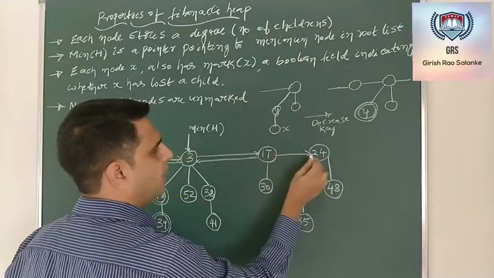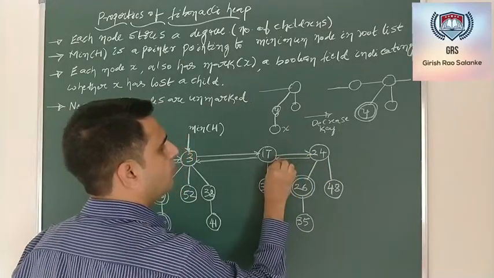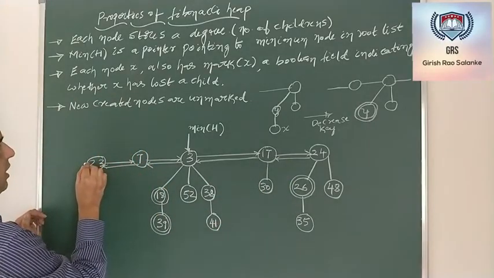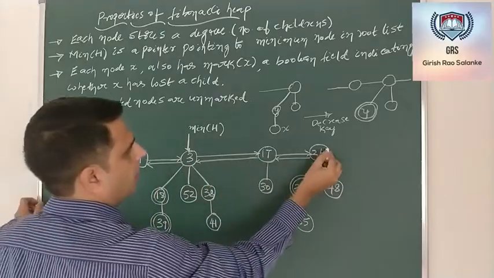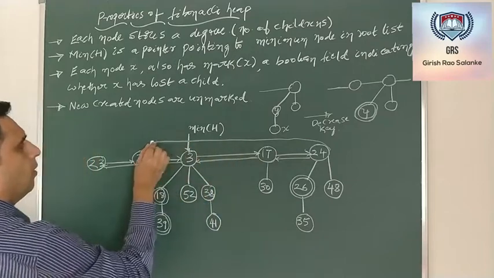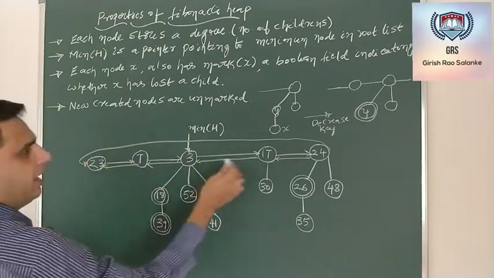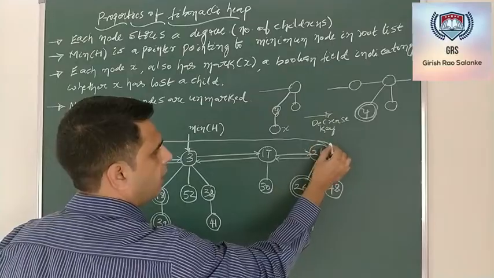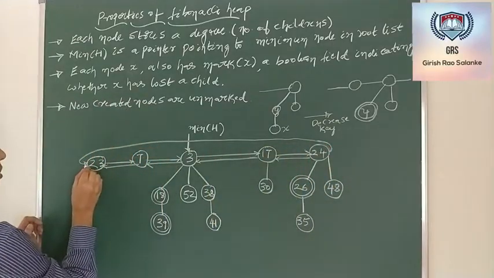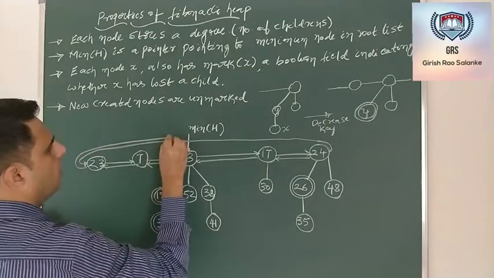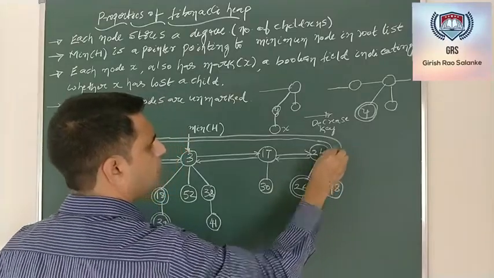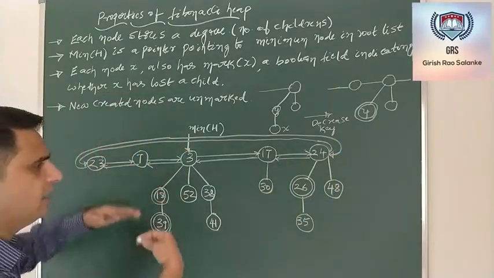Similarly, 17 right pointing to 24, 24 left pointing to 17, and 23, I'll have one more pointer. 24 next, or 24 right, pointing to the first node, and the left link pointing to the last node.